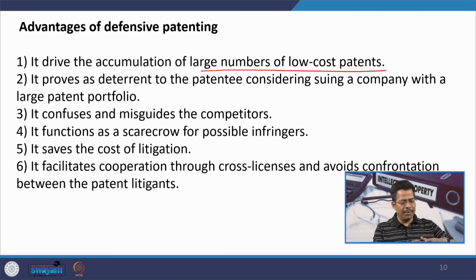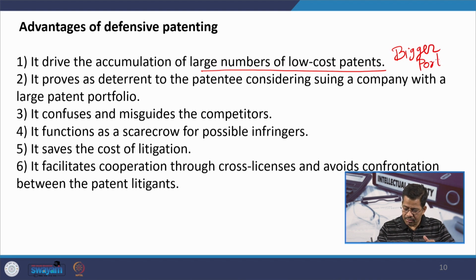Generally, you will be able to accumulate a bigger portfolio. Then it is a kind of deterrent you are creating, as I already said, to the patentee considering suing a company with a large patent portfolio.